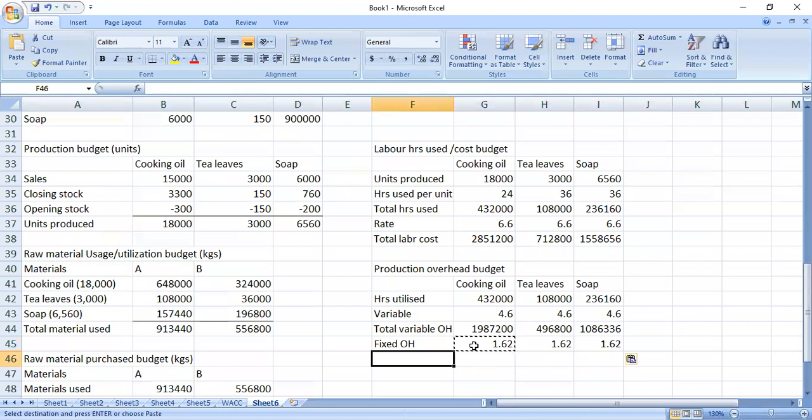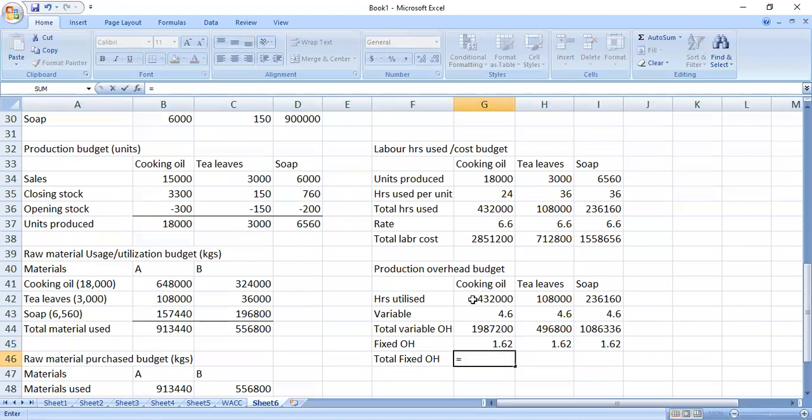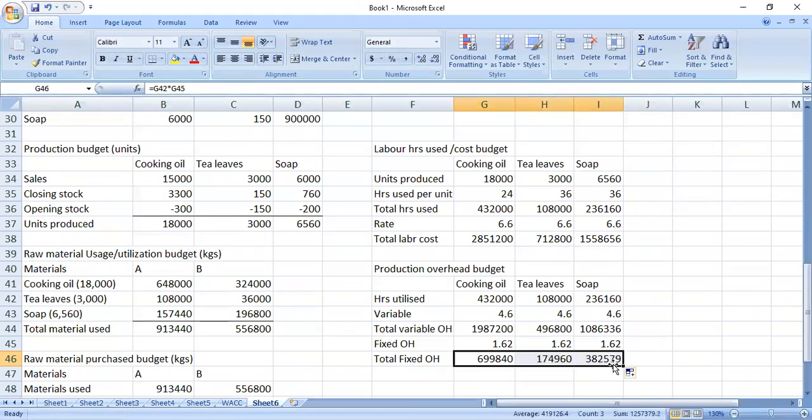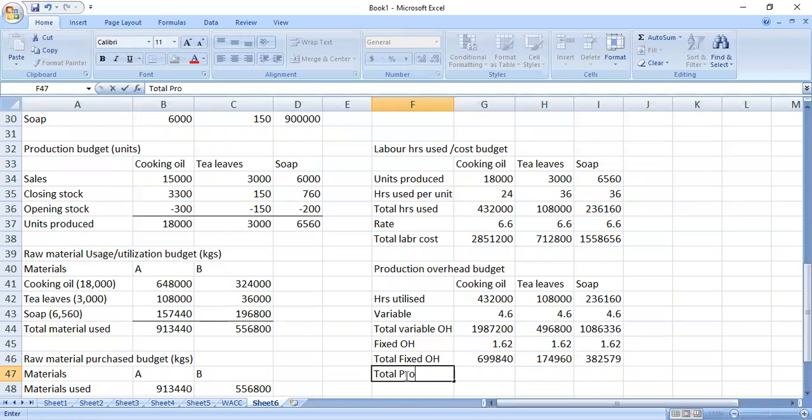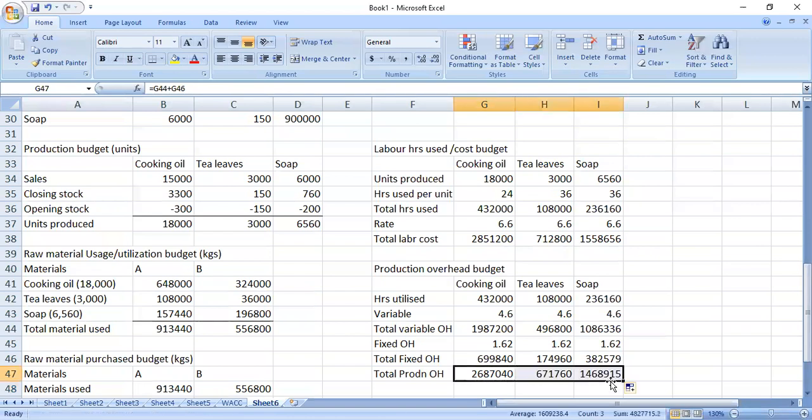Okay, so meaning that our total fixed overhead is still hours utilized times the rate. Okay, so if I want my total production overhead, I'll add my total variable plus the total fixed. So I'll end up having my total production overhead.